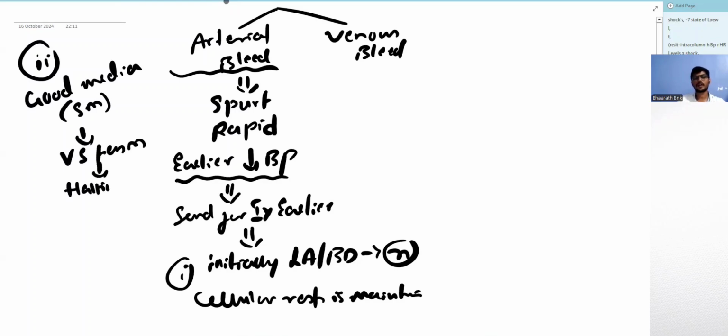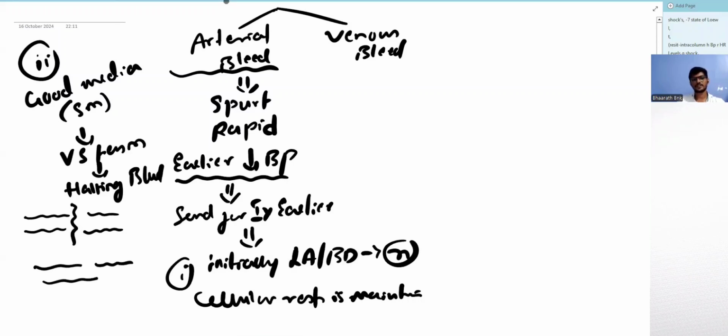So the body can itself stop the bleed because of vasospasm in the artery, because it has got good smooth muscle coverage. Now, if there is a vessel which is transected like this, and if there is a vessel which is just lacerated on one side, transected is where both the ends are cut off completely, and on the other side it is just lacerated. A vessel is lacerated like this.